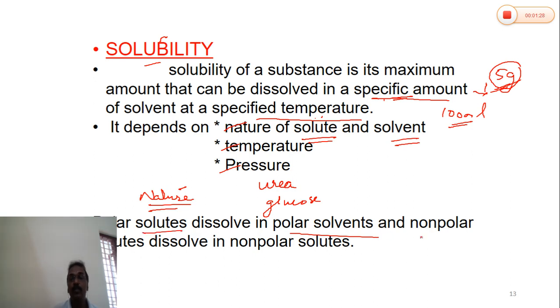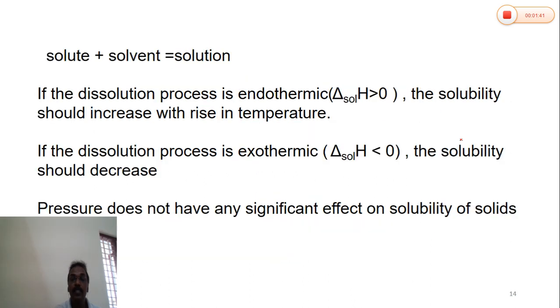Polar solutes dissolve in polar solvents, and non-polar solutes dissolve in non-polar solvents. That is, like dissolves like. Depending on the nature of a solute and solvent, solubility may change.